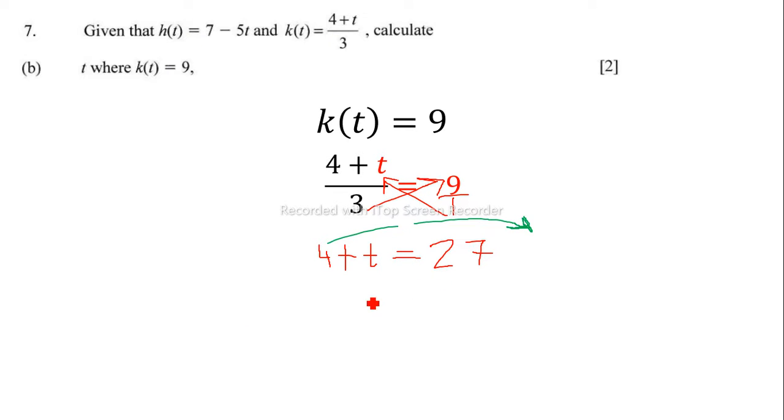So t is going to be equal to 27 minus 4, which is what? 23.